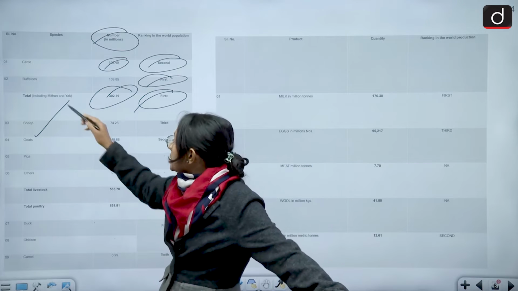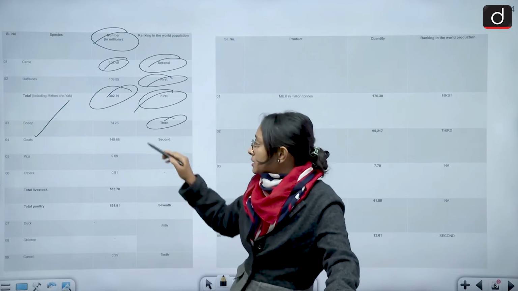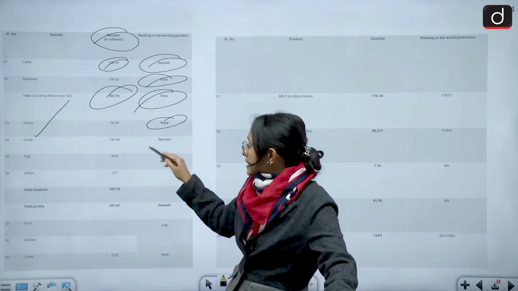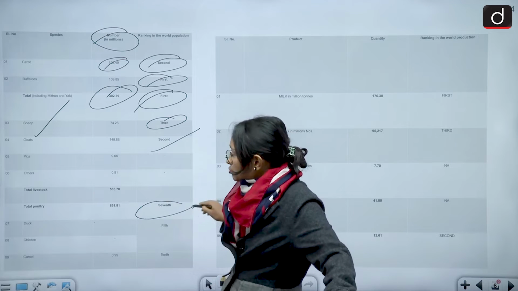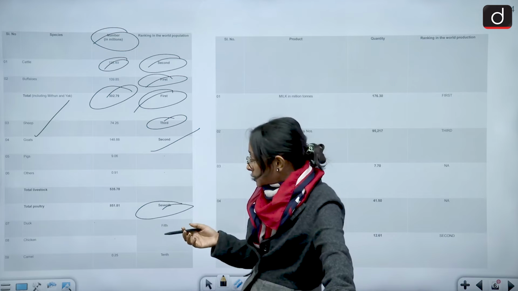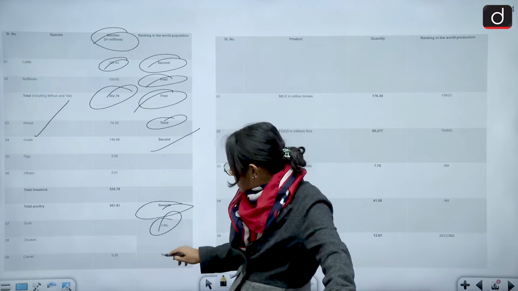Similarly with sheep, we are third in number, goats second, then poultry we are seventh in number. So in total poultry production we are seventh in number, duck fifth, camel 10th.